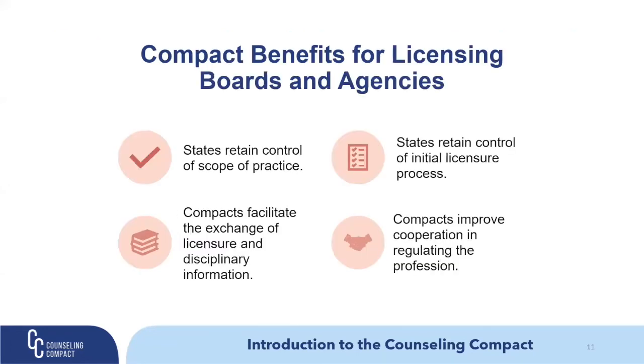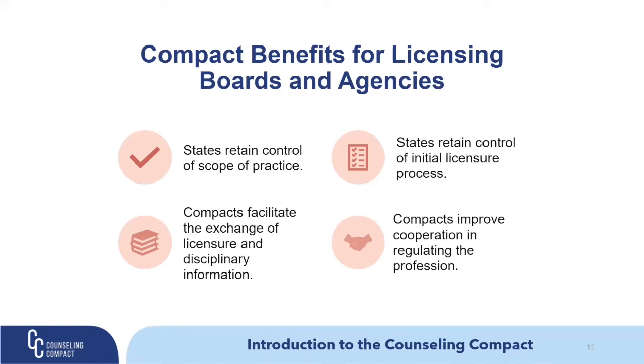Okay, now I'm going to talk about the ways that compacts benefit different groups, starting with licensing boards and agencies. So one really important thing to note about the counseling compact is that states will still retain control of the scope of practice. So whatever a state has set out in its Practice Act as the boundaries for what counselors can or can't do in a certain state is going to remain.